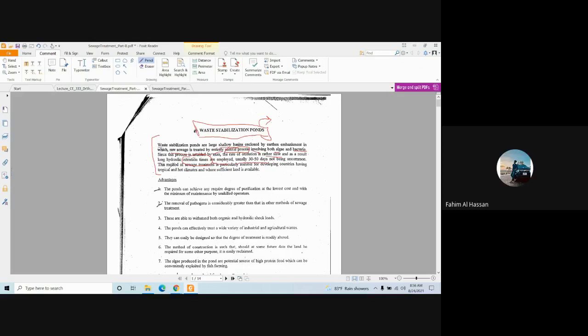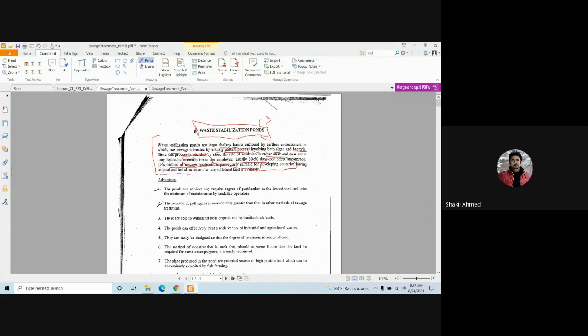Yes, sir. This method of sewage treatment is particularly suitable for developing countries. Why? Because this is a natural process, so this is inexpensive, having a tropical and hot climate.